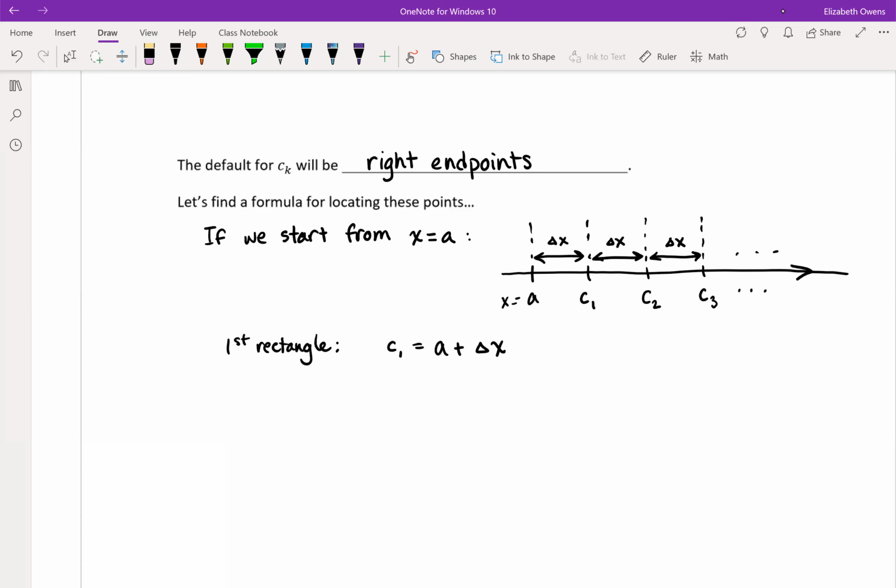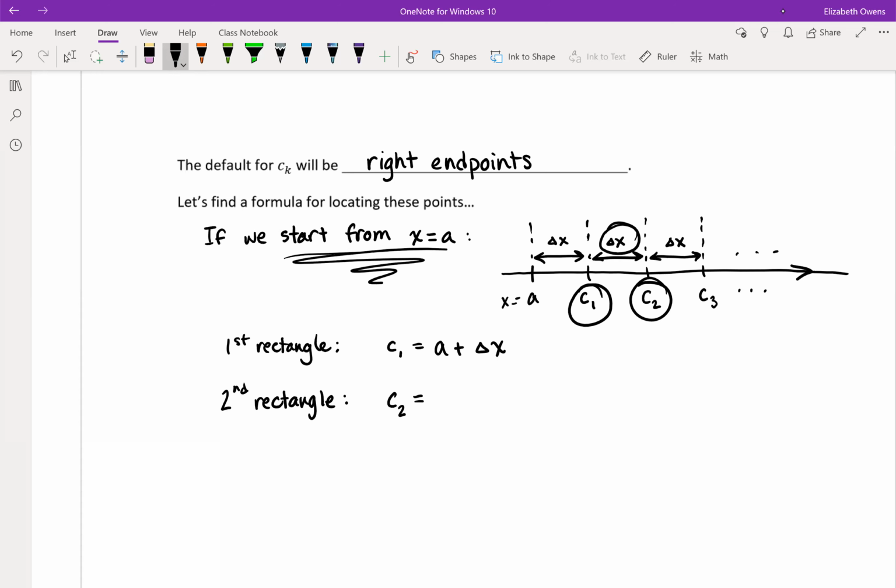Now, if we go to our second rectangle, we're going to do that same type of thing to find the right endpoint C2 right here. Now you could say we start from C1 and move over another delta x units, but let's keep our formula consistent here and start everything from x equals a.